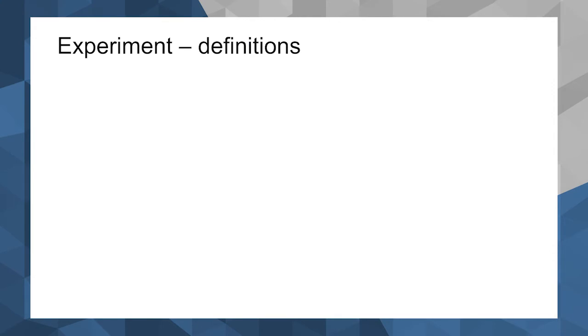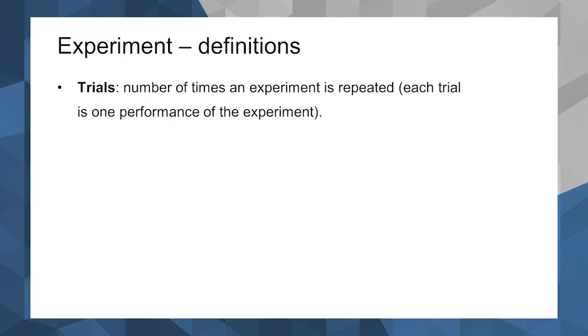Now, I've been using some words, so let's make sure that the words I've been using are clear to everyone and we all have exactly the same definition. So an experiment is something that you conduct, that you do something to see what happens. Silly example, I'm going to jump from here to there to see how far I can jump.